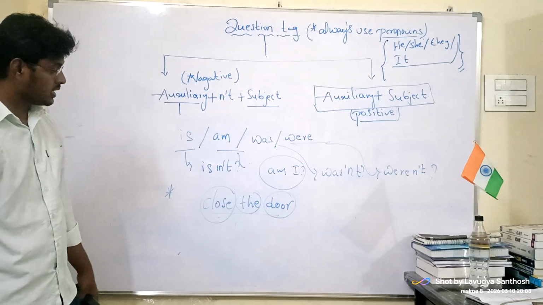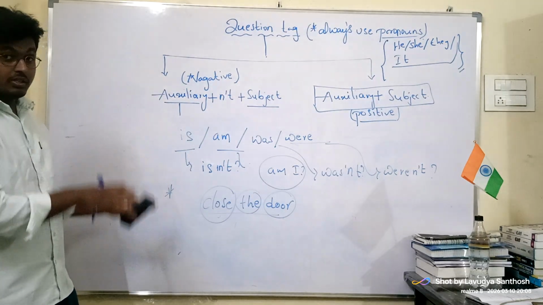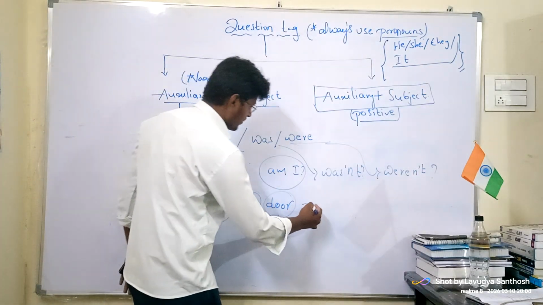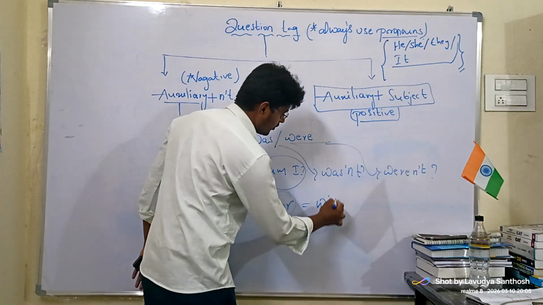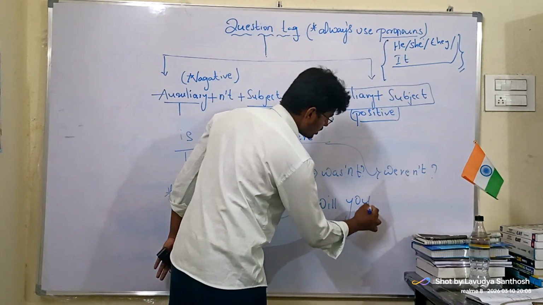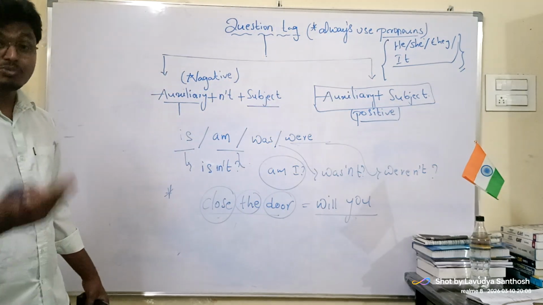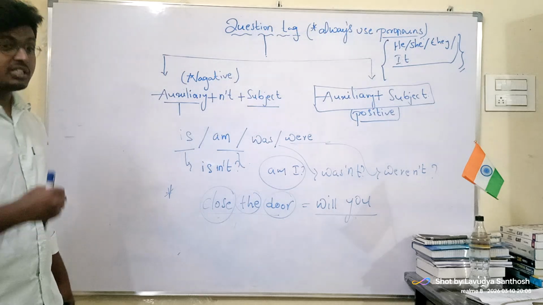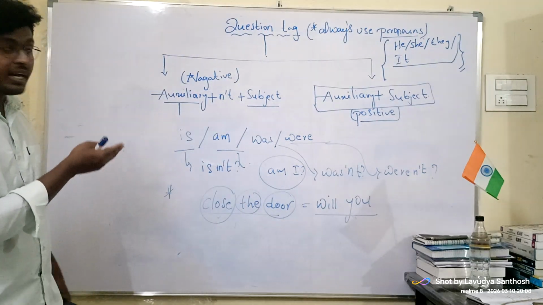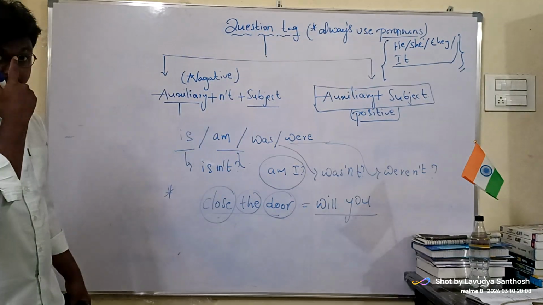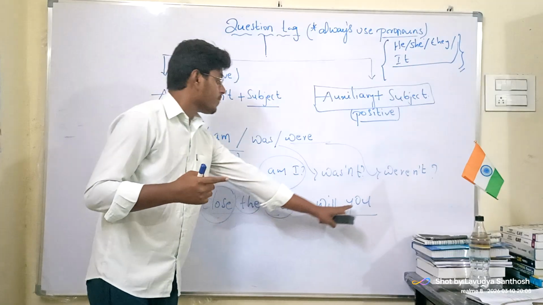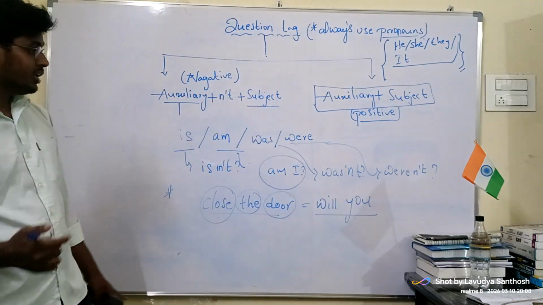There is no auxiliary, so we must bring one: will you close the door. It is an invisible form, the subject is commanding. These are imperative types of question tagging, and this is will you.